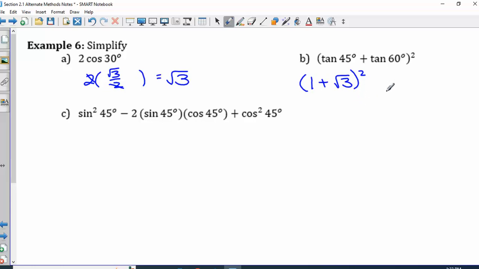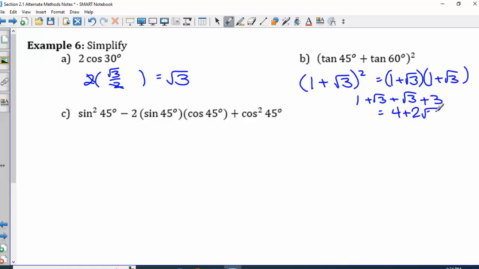Well, means you have 2 of them. So you get 1 plus radical 3 plus radical 3 plus 3. Final answer 4 plus 2 radical 3.